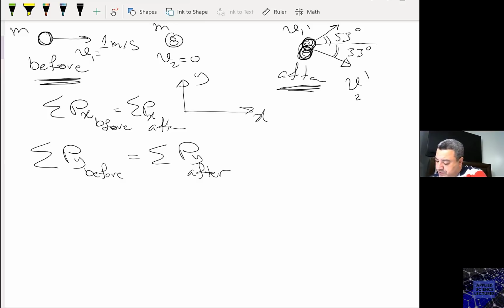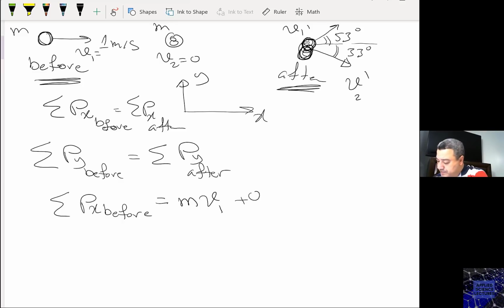For the before case, I have sigma px before equals, so the cue ball is going positive in the x direction, so I will write m v1, the other one is stationary, plus 0.